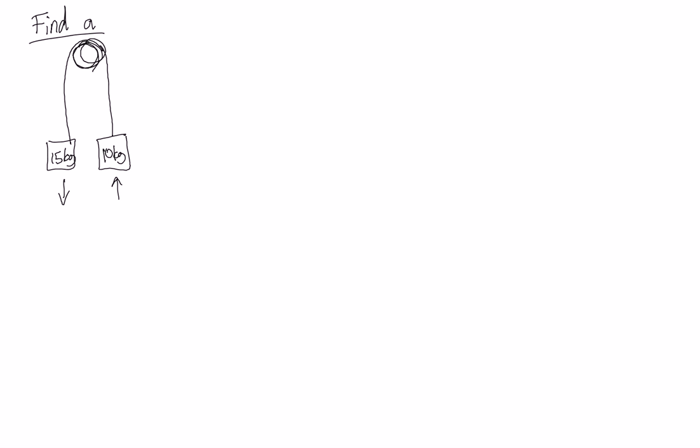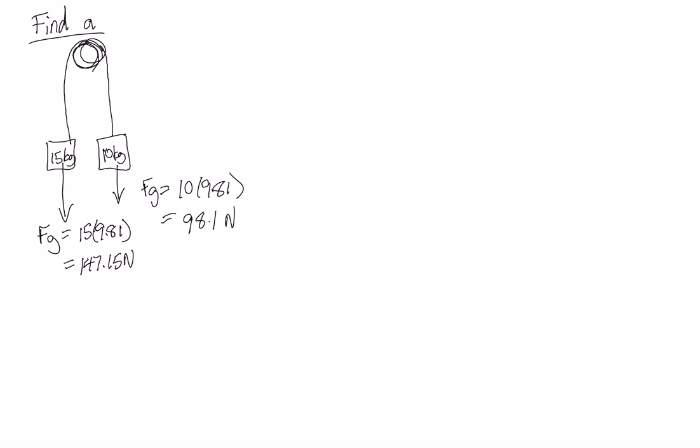Okay? So the trick to this one is, first of all, we got to ask ourselves, what are our net forces? So the only forces we have acting on these boxes are the force of gravity. So before we worry about what's going to happen in terms of the direction, let's actually just think about our forces to start with.